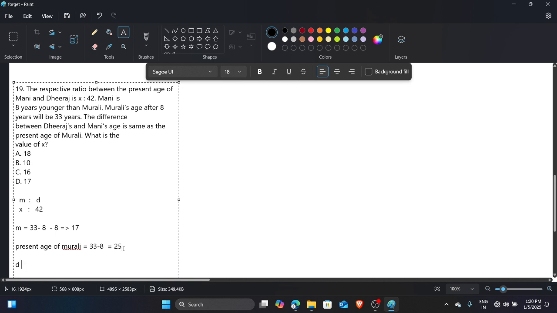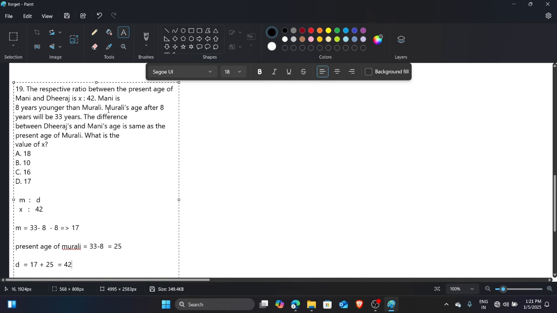It means Dheeraj age is nothing but 17 plus 25, which is 42. It is 8 years younger, so 25 minus 8 is 17.